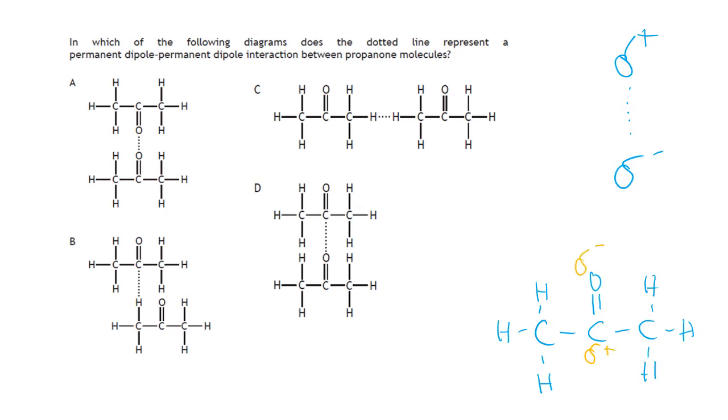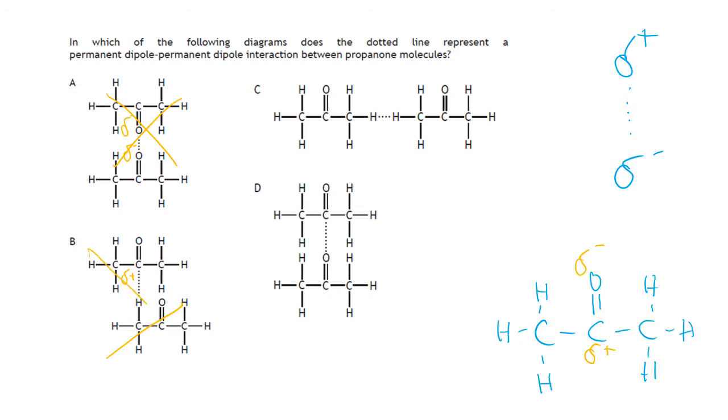Now, carbon has a lower electronegativity than oxygen, so carbon's going to be delta positive and oxygen's going to be delta negative. So if you look at this first one, we've got oxygen, which is delta negative, to oxygen, which is delta negative. So that one cannot be dipole-dipole because it is negative to negative, and same charges repel one another. In B, we've got delta positive from carbon, but this hydrogen here is non-polar.